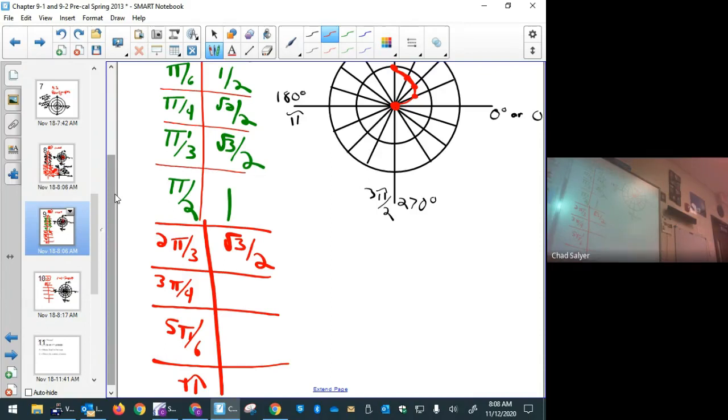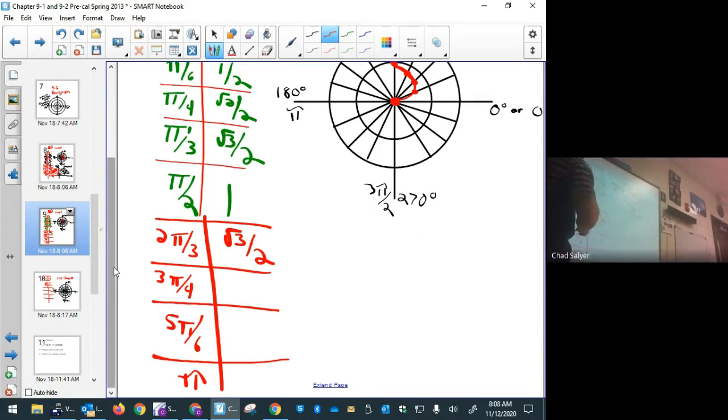The cosine is negative. What about 3 pi over 4? Radical 2 over 2. There you go. What about 5 pi over 6? 1 over 2.